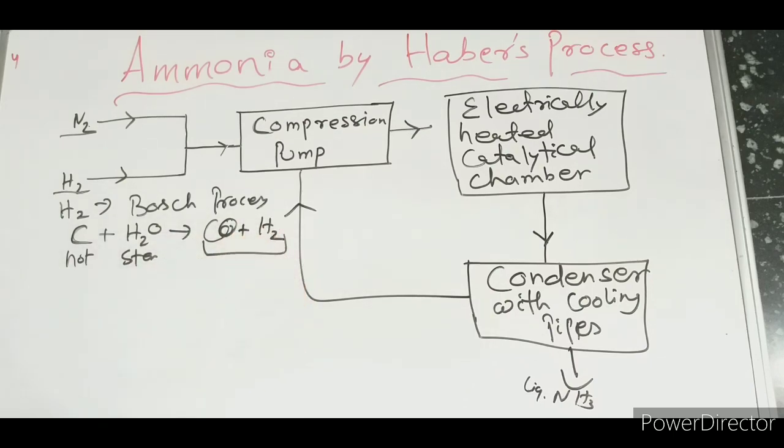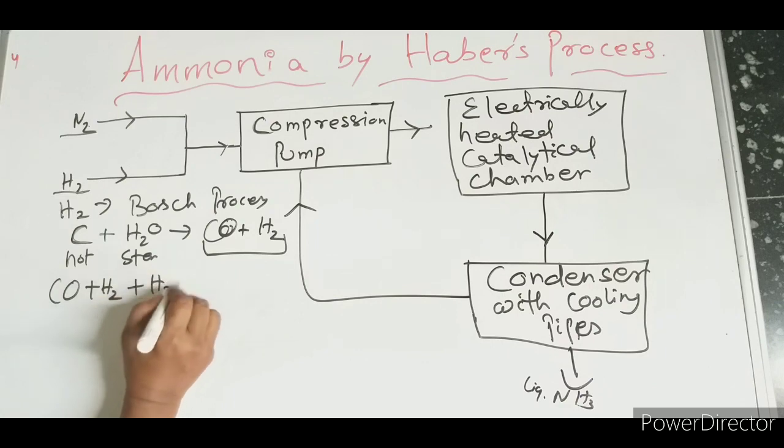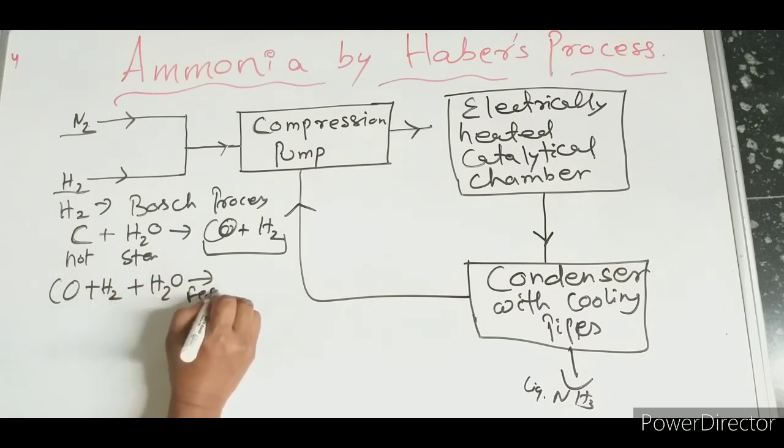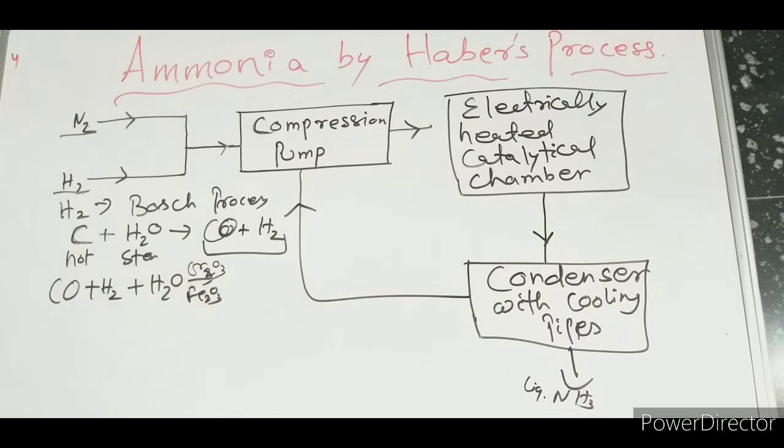This is the water gas, and water is added again to this water gas under some conditions. Here Fe2O3 is taken as the catalyst, and the promoter can be Cr2O3, chromium oxide. So what are we getting?